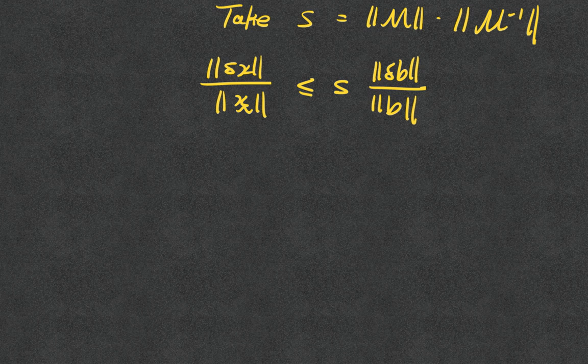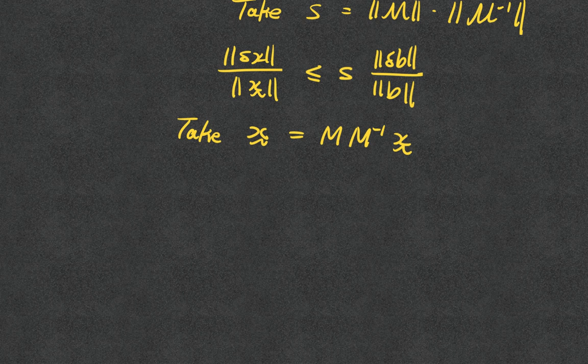You understand what I'm saying? The change of B, I can somehow manage to control the change of X. Now let's take X equals M inverse B. I think you all agree with that, and it's basically doing nothing.